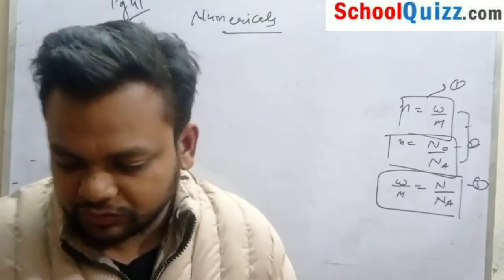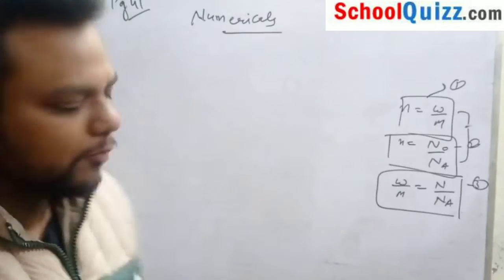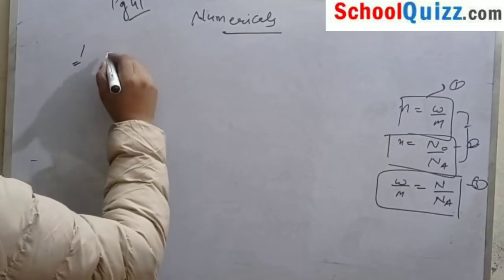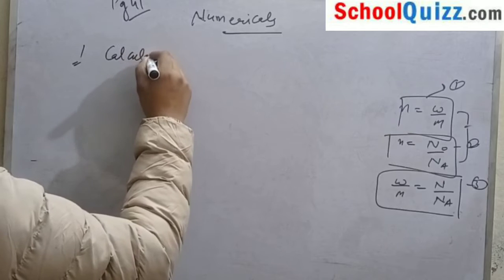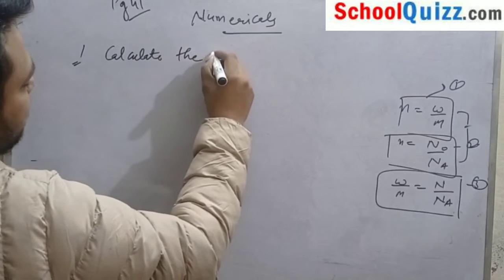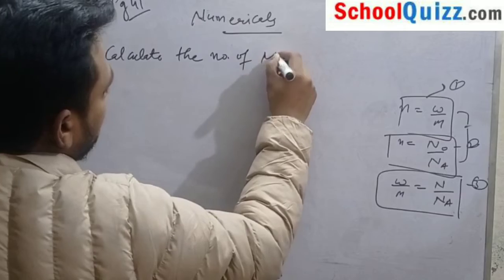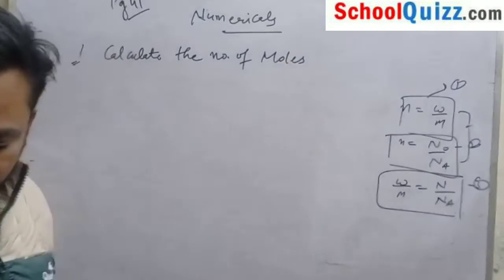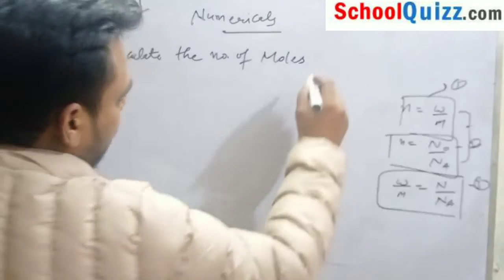Okay, so the first one is: calculate the number of moles for the following.